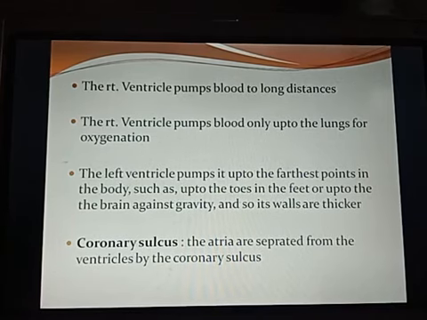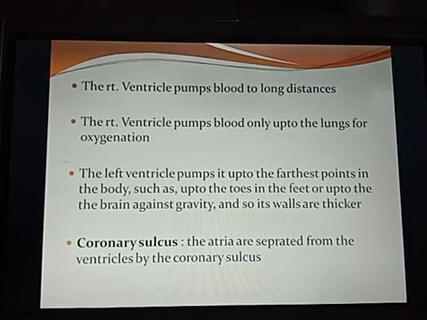Next is coronary sulcus. What is coronary sulcus? I have told you the upper 2 chambers are called the atria or the atrium, and the lower 2 chambers are termed the ventricles.